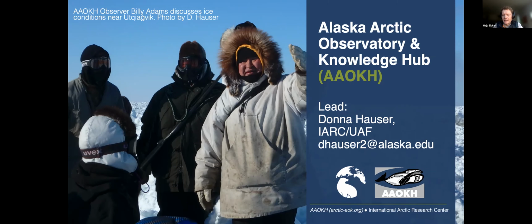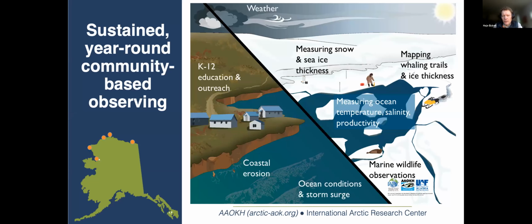I just wanted to highlight Donna Hauser's work here at IARC, who's the lead for the Alaska Arctic Observatory Knowledge Hub, or AOK. It's a group of community-based observers in a number of Arctic coastal villages in Alaska who've been making observations of the coastal ice environment and ocean environment now for almost a decade and a half.